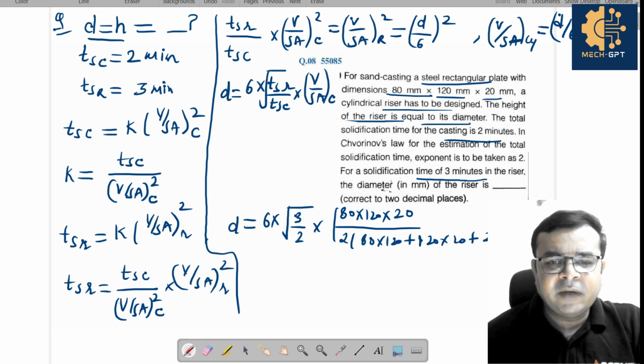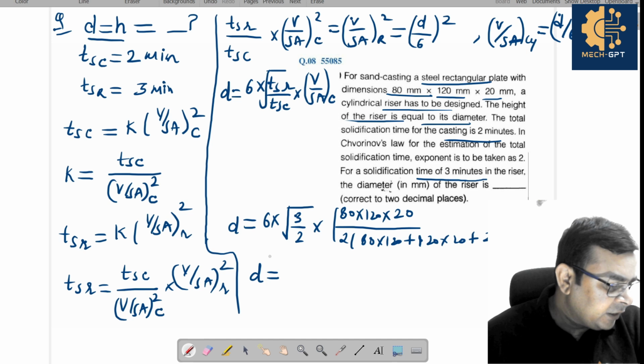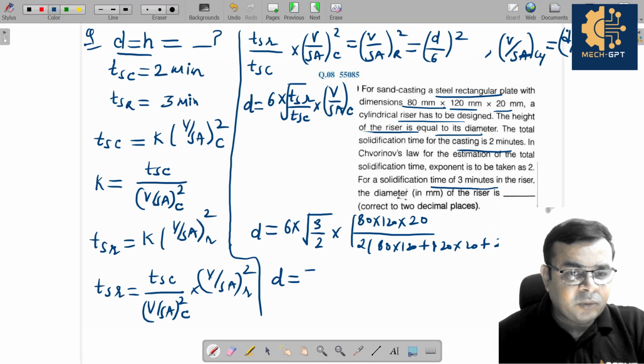When you simplify this expression, we get the diameter of the casting as 51.84 millimeter.